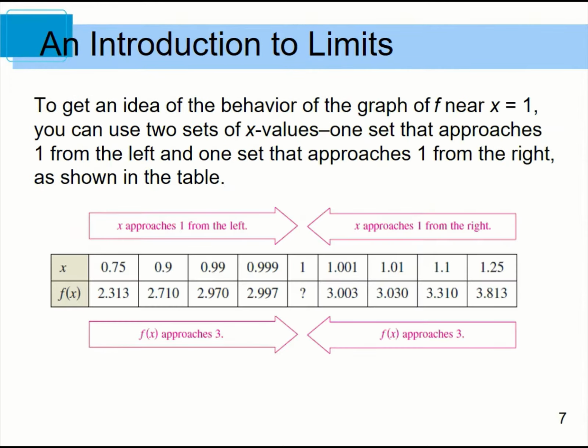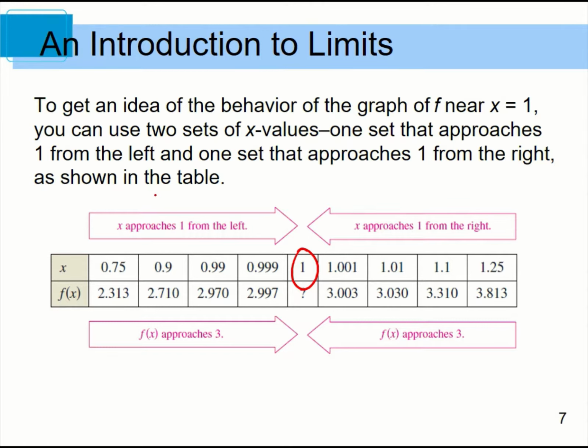Now, when x is 1, y is undefined. So we perform the calculation when x is getting closer to 1, or when x is approaching 1. There are two sides we can consider.